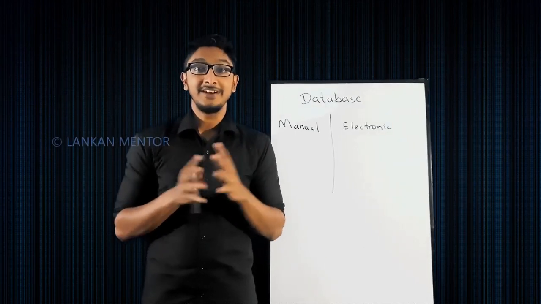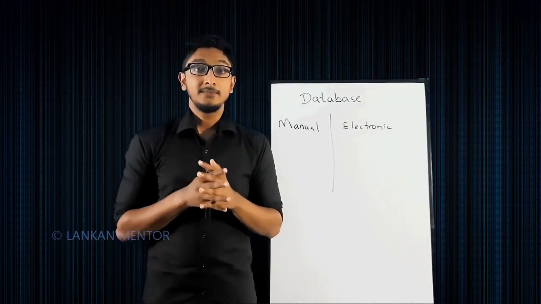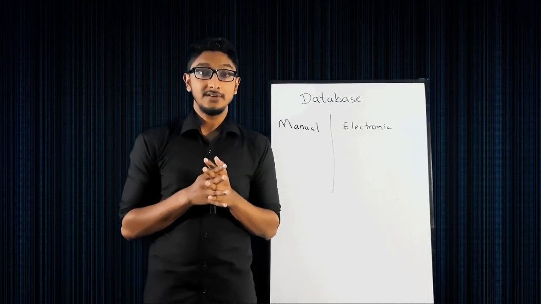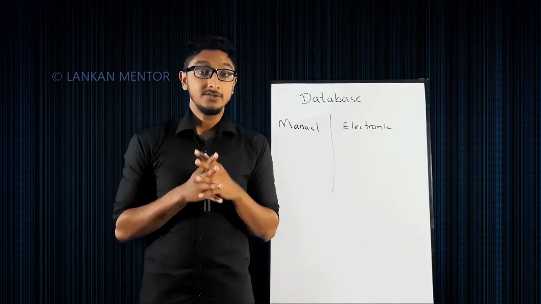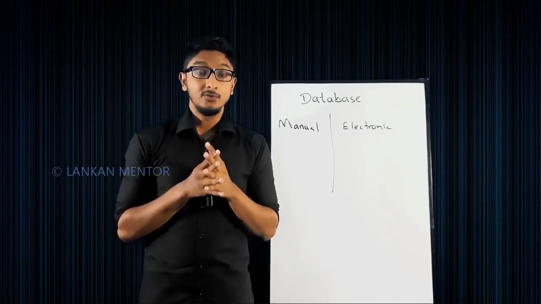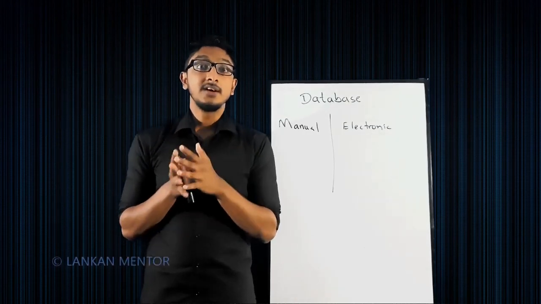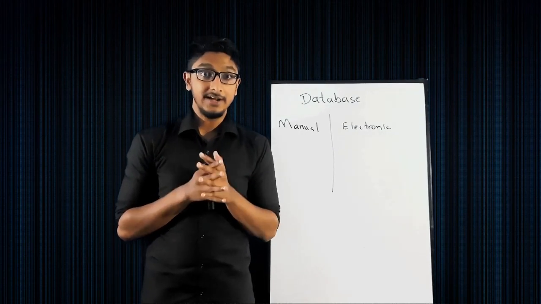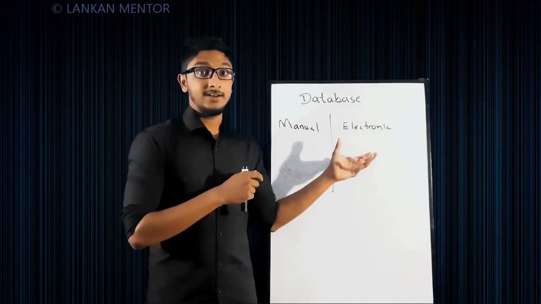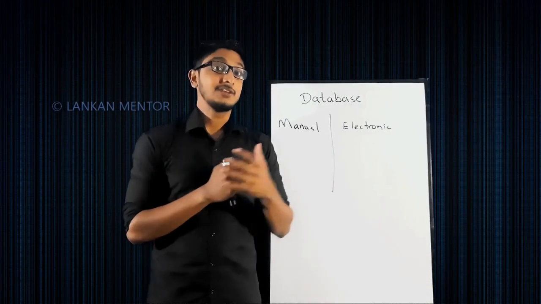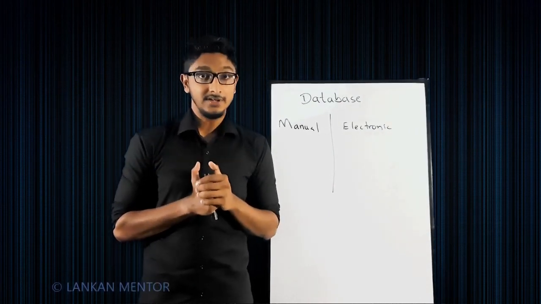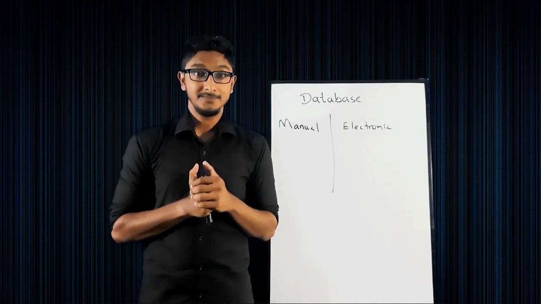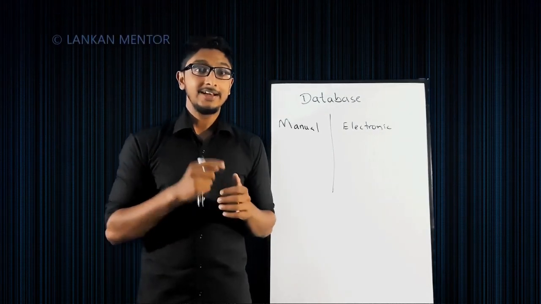I'm not saying every friend is a false friend. But you see, there are faces now, in this world, there are different faces. You got to find out who is your real friend and who is a fake friend. So just like that, electronic database is a thing that you have to consider, because it is reliable.